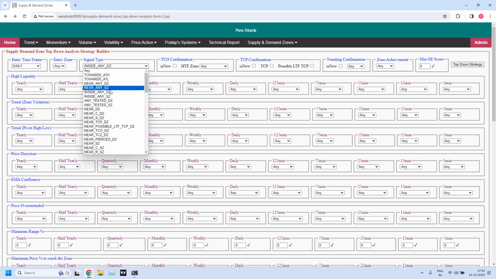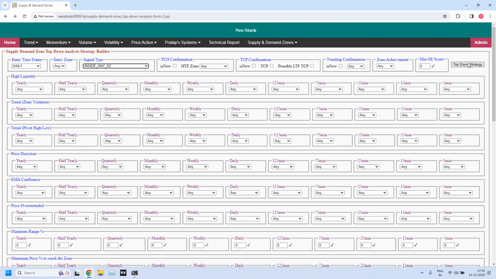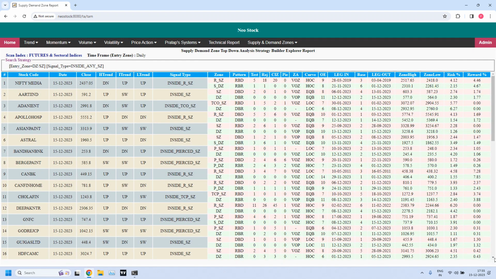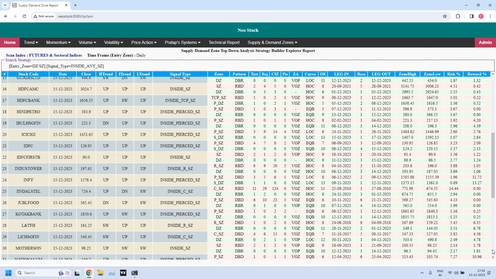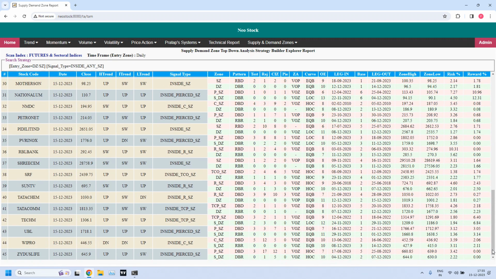So let us find the stocks where price closed inside daily supply zone. Let me keep on scrolling this list. So total 45 stocks are filtered where price closed inside daily supply zone.